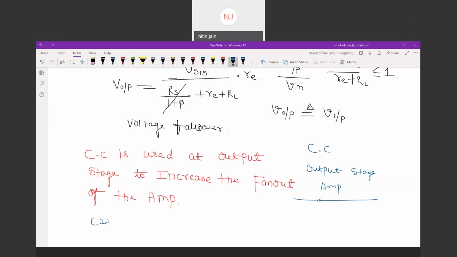We will talk about cascade, cascode, Darlington pair. Then we will discuss high frequency model of the transistor. How the frequency response of common base is better than other two transistors.